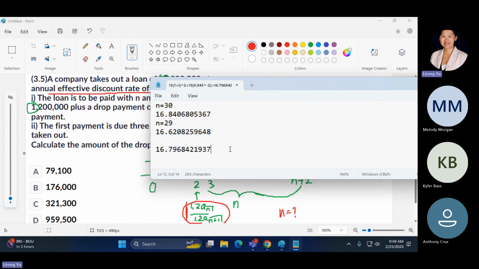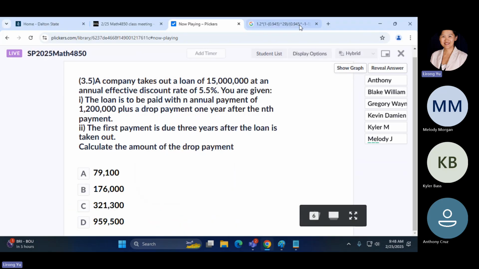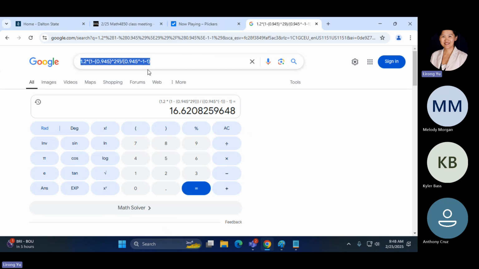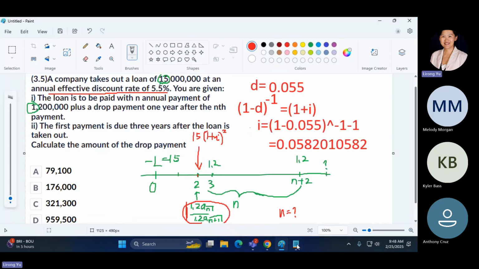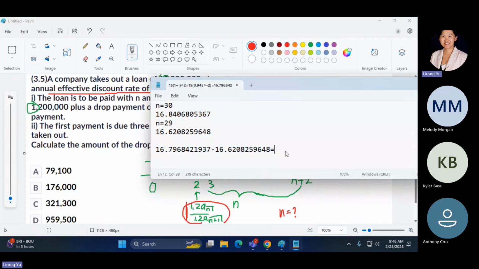We actually paid, subtract them. The difference will be the value at time 2, the difference between these two payments. We're getting this much. So that's the value at time 2, with the unit being a million.